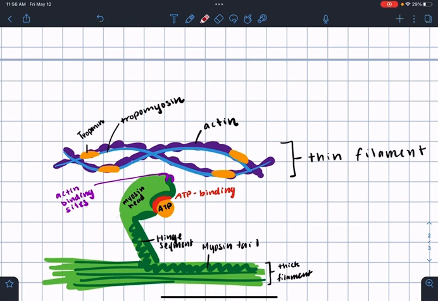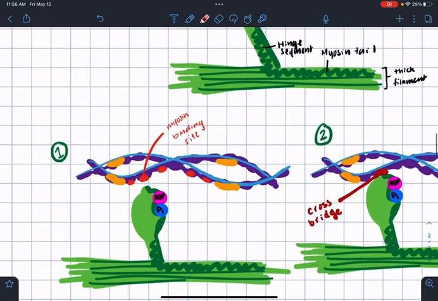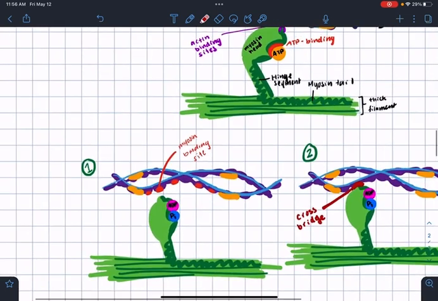But the only way that it can move is by the myosin binding site being opened, which is when the ATP hydrolyzes into ADP and Pi, which will expose the tropomyosin and ultimately allow the binding site to occur.